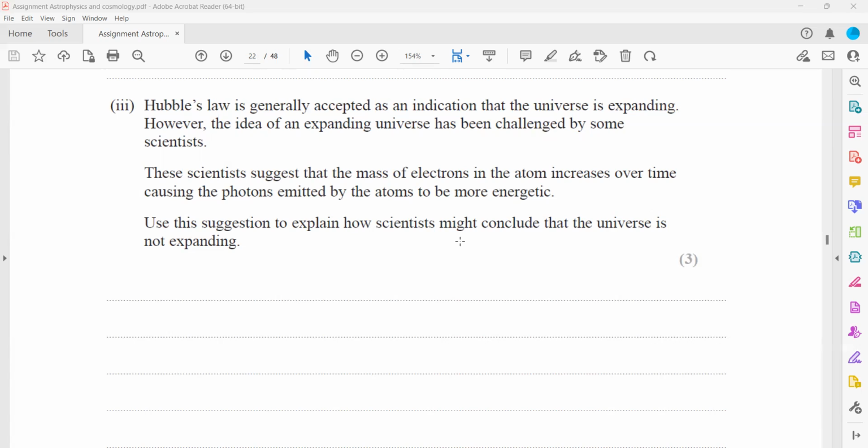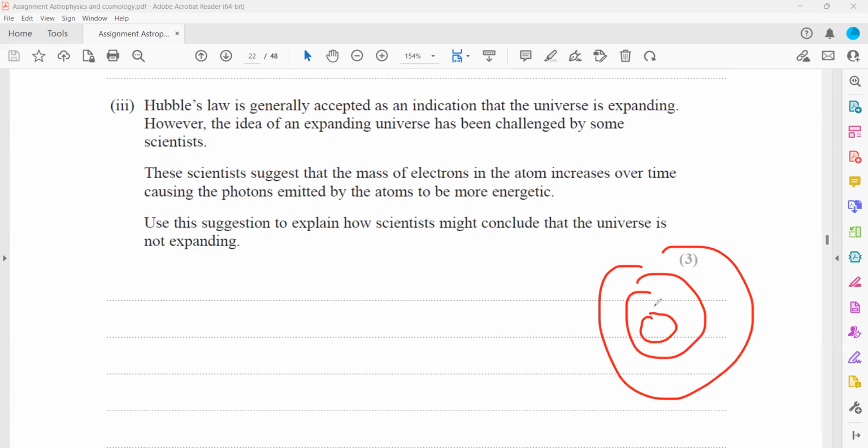So as electrons are moving, the mass of the electron is increasing, so they release different photons when they transit between the shells.